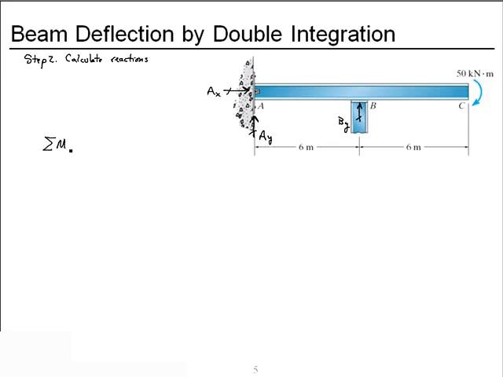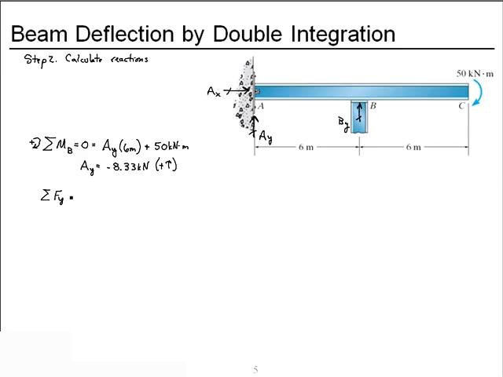Let's sum moments about point B. I can choose the direction to be positive, so I'll choose clockwise as positive, because then my unknown vertical reaction at A contributes a positive moment, and my applied couple moment is also positive. Solve for my unknown vertical reaction at A. We have a minus 8.33 kilonewtons. We'd assumed it was up. It's not. It's in the other direction.